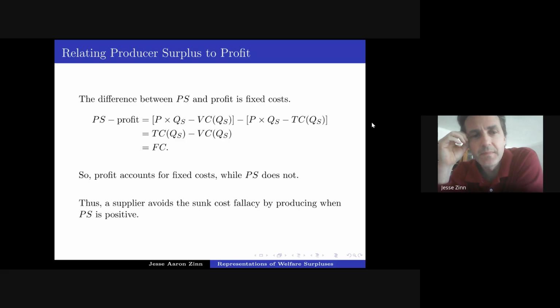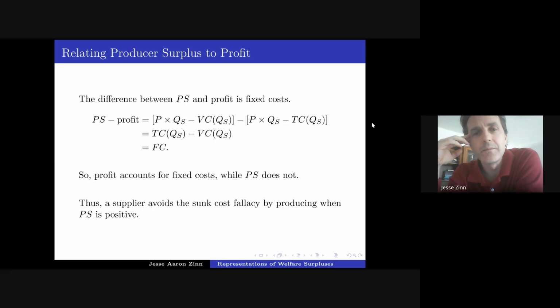So that's something that I think is interesting to show to students. I think it can reinforce something they learn early on in most principles courses, where they learn about fixed costs and the fixed cost fallacy, and how rational decision makers avoid considering fixed costs when they're making optimal decisions, right?